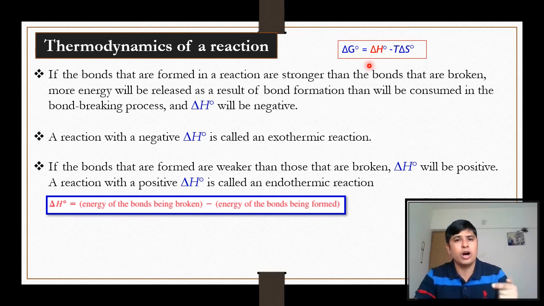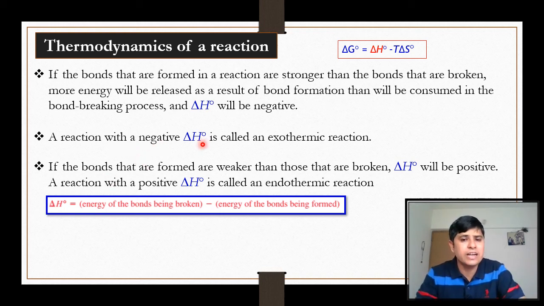When there is formation of stronger bonds in the reaction, we get a negative delta H, because more energy will be released. The energy of the bonds being formed, the right hand term, will be larger than the left hand term, hence we get a negative delta H value.